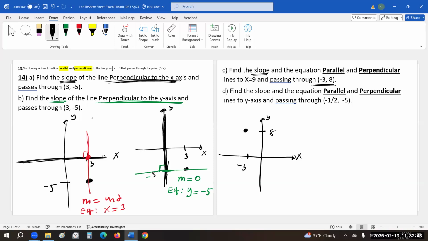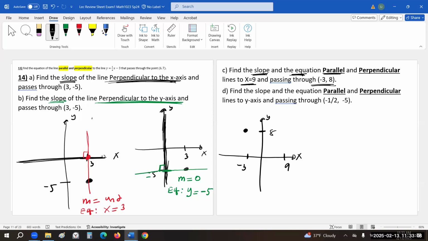What is the slope and the equation of the line parallel? Let's do one by one. What is the slope and equation of the line parallel to x equals 9 line? So x equals 9, let's say this is 9.